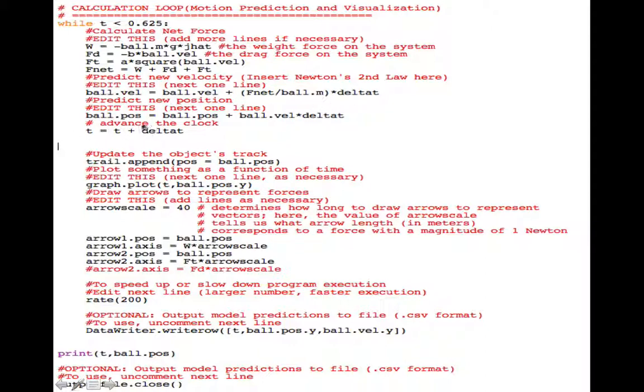The ball's position is the ball's position plus the ball's velocity times delta t, where the velocity is found in the previous line. T was also set to the previous time plus delta t. The arrows are used in the computational model to show the forces.